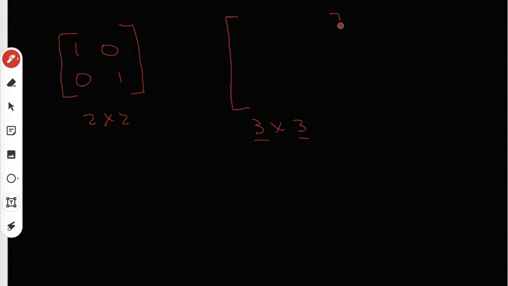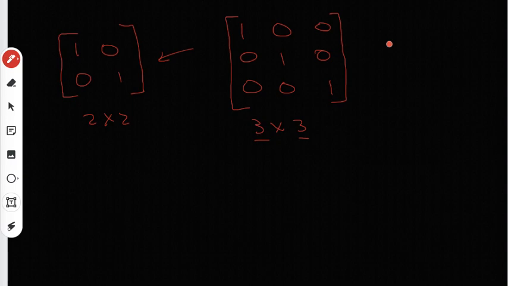It's going to have 1 more row and 1 more column than the last one. But you're still going to have ones down the diagonal, but everywhere else is pretty much just going to be zeros. So you're going to have zeros here, a 0 here, a 0 here, and you're going to have 2 zeros over here. So that's the 3 by 3 identity matrix.